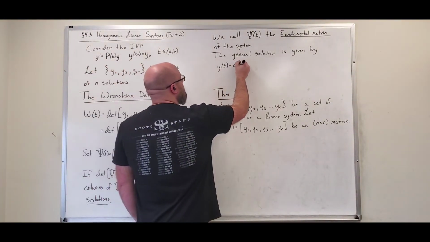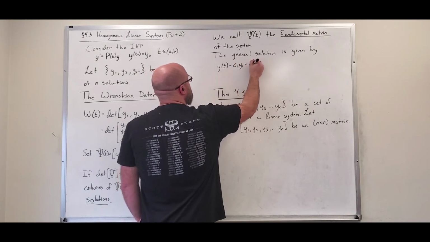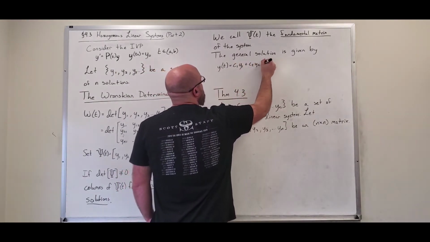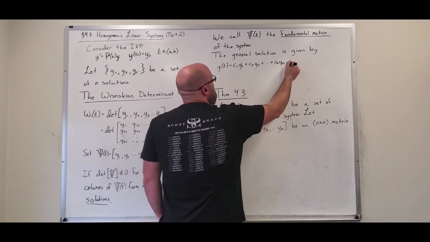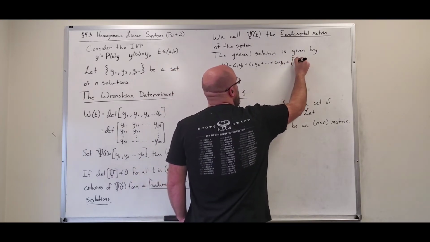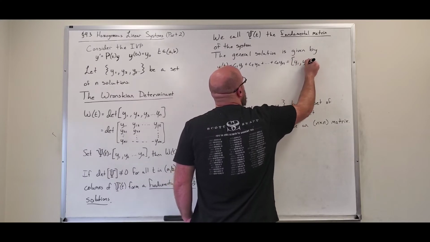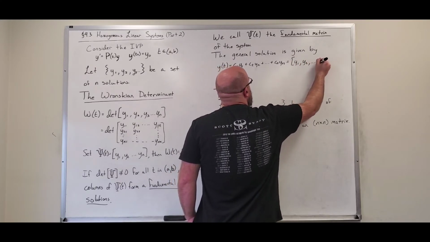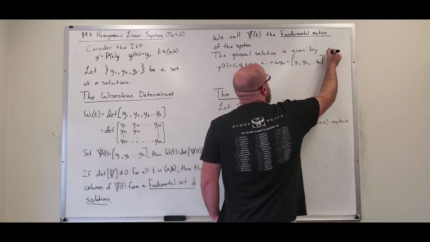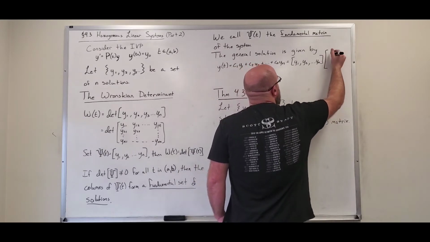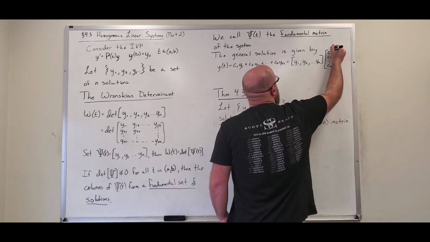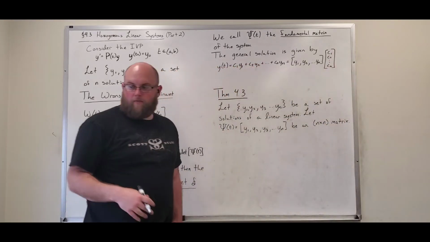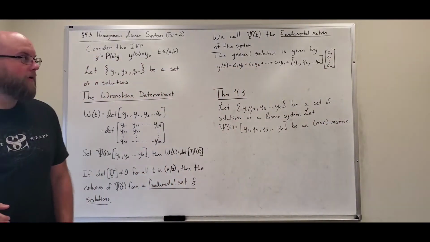So c1 y1 plus c2 y2 plus so on up to c sub n y sub n. This is equal to the matrix y1, y2, y sub n times the constant vector c1, c2, c sub n. So that's our format that we can use for this, okay?